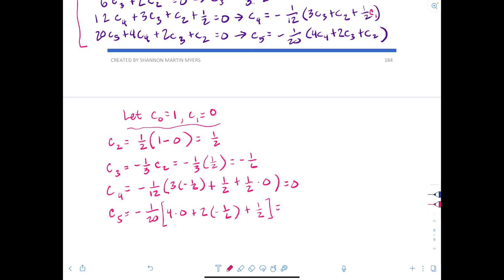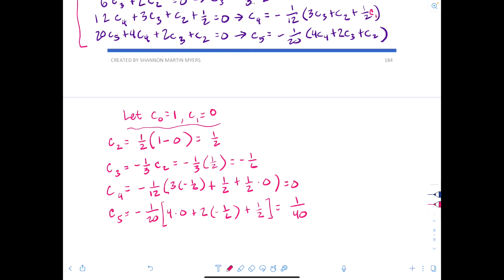And let's see what shakes out. We'll have negative 1 plus 1/2 gives us negative 1/2 times negative 1/20, which I believe would be 1/40. Groovy?